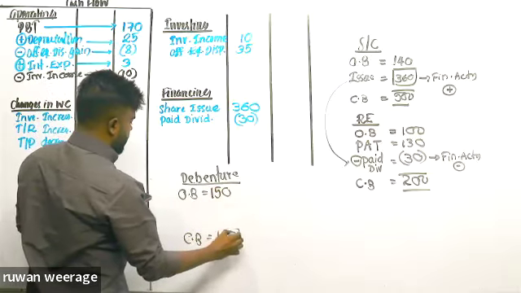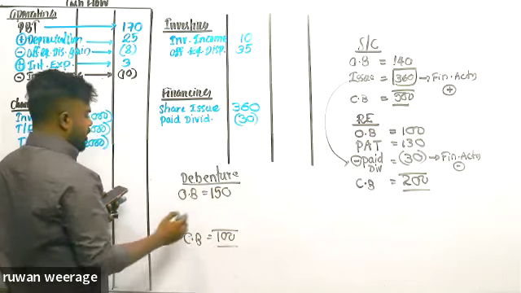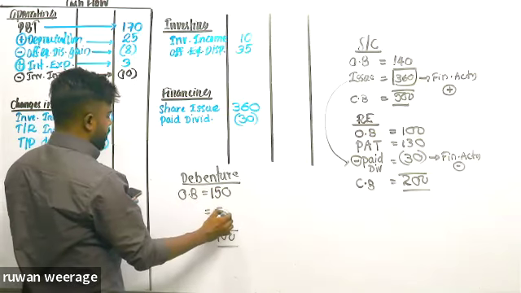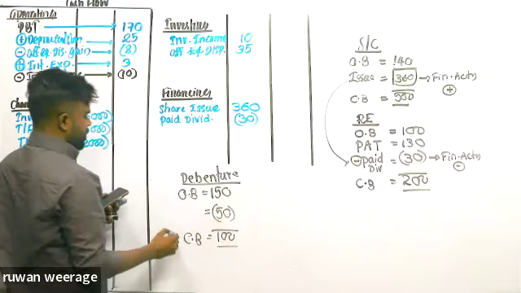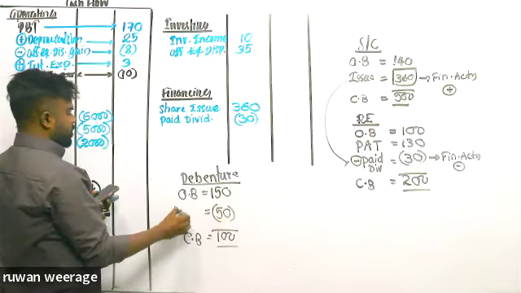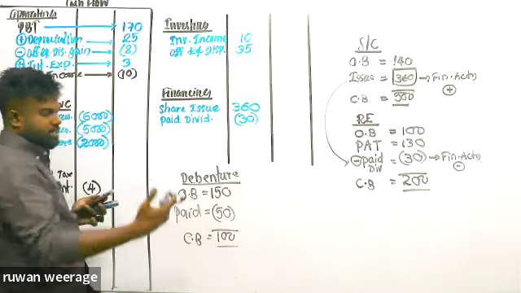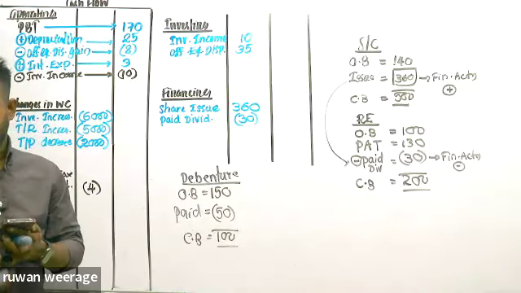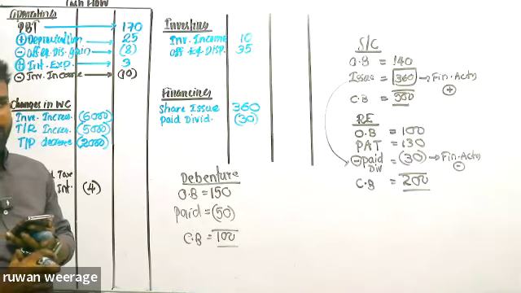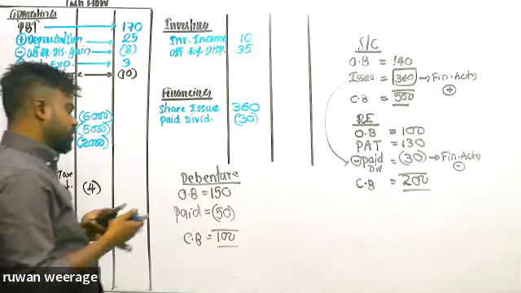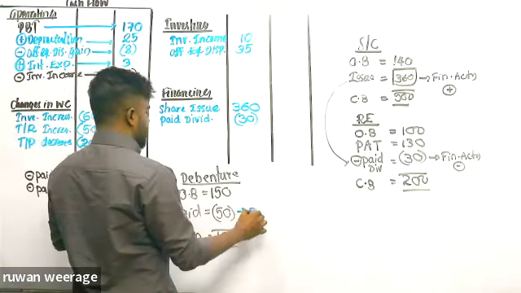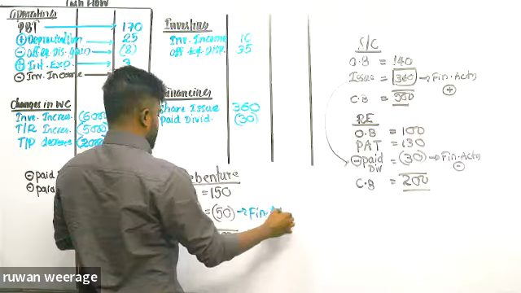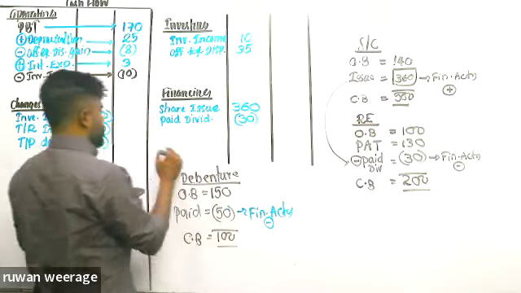Closing balance 100. Why debentures balance decrease by 50? Why decrease? This is not cash paid for debentures, right? Again settle like bank loans. You know debentures can be taken like a bank loan. Right, financial activity. Cash outflow.